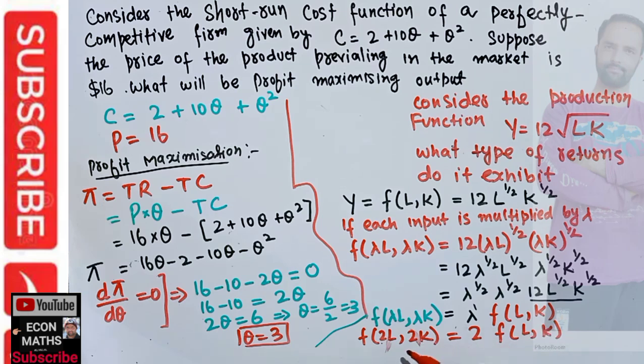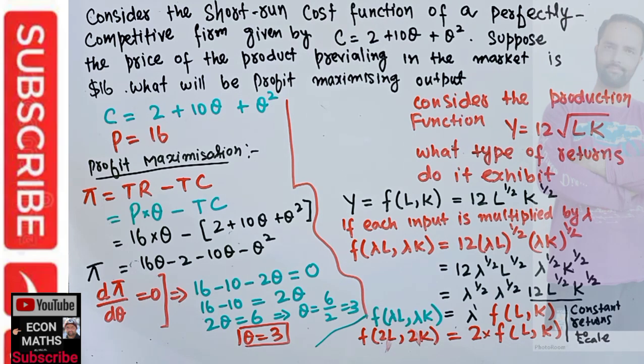So when factors are increased by the same proportion, and the output also increases by the same proportion, here it has been doubled, we say that this kind of production function exhibits constant returns to scale.